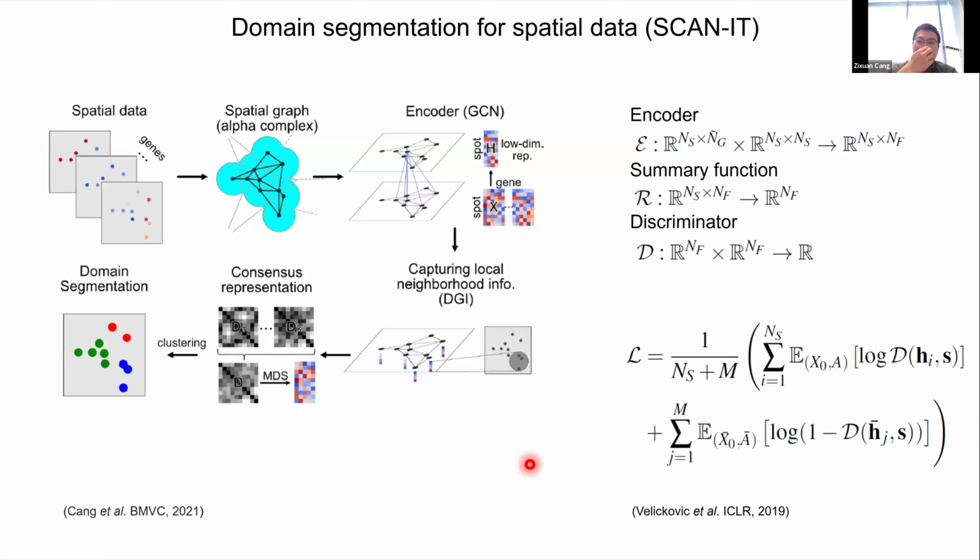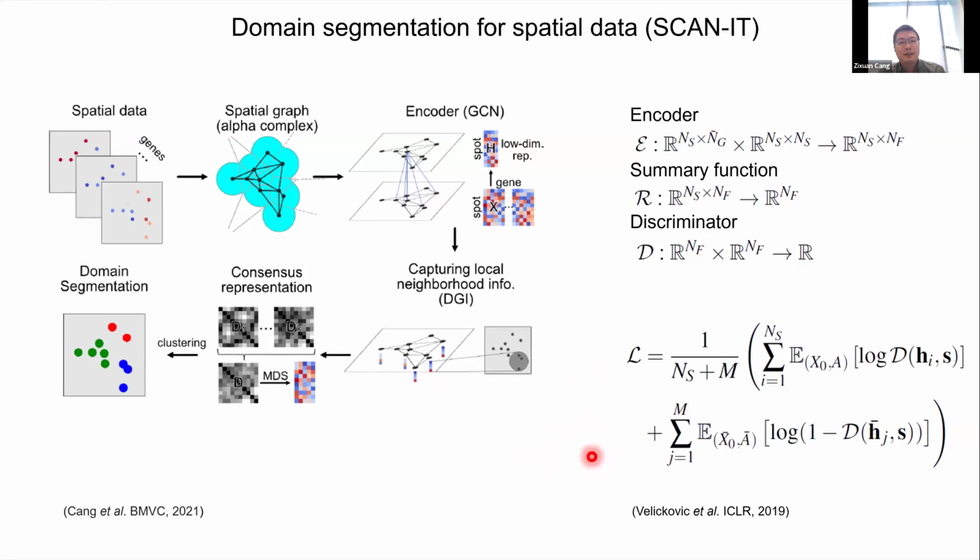Okay, so for spatial segmentation of spatial data for cellular communication analysis, basically we're thinking of deriving some low-dimensional representations of spatial spots in spatial transcriptomics data, such that these representations will encode both the gene expression profile at one spot and also its spatial neighborhood.